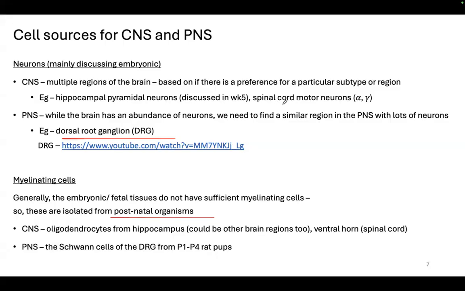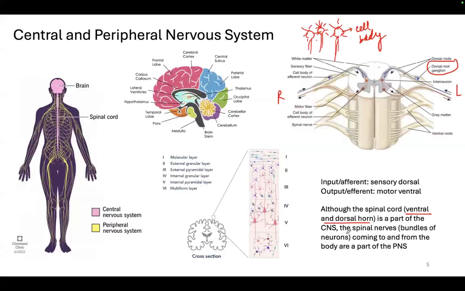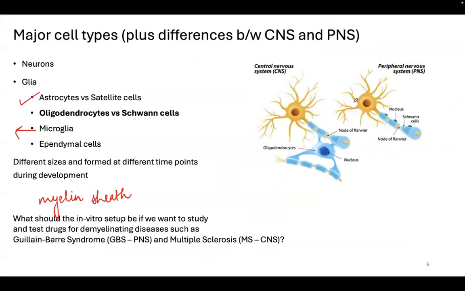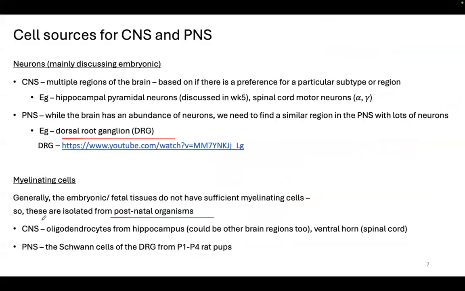When you're taking something from the spinal cord, then again, you can use the ventral horn to get your oligodendrocytes from the spinal cord, right? The ventral horn, remember this inside part? That's a part of the central nervous system. So you can take that when you're talking about oligodendrocytes for the CNS.